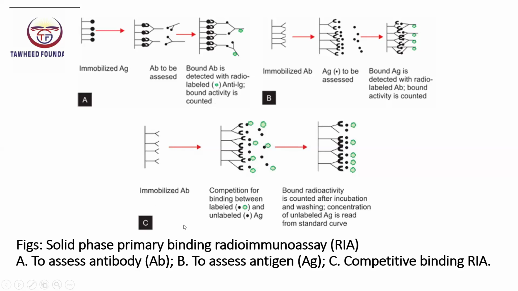Figure C represents a competitive binding RIA. Here labeled and unlabeled antigens compete for a limited number of antibody sites. As the concentration of unlabeled antigen increases, less radiolabeled antigen binds. Thus, the radioactivity measured is inversely proportional to the antigen's concentration.